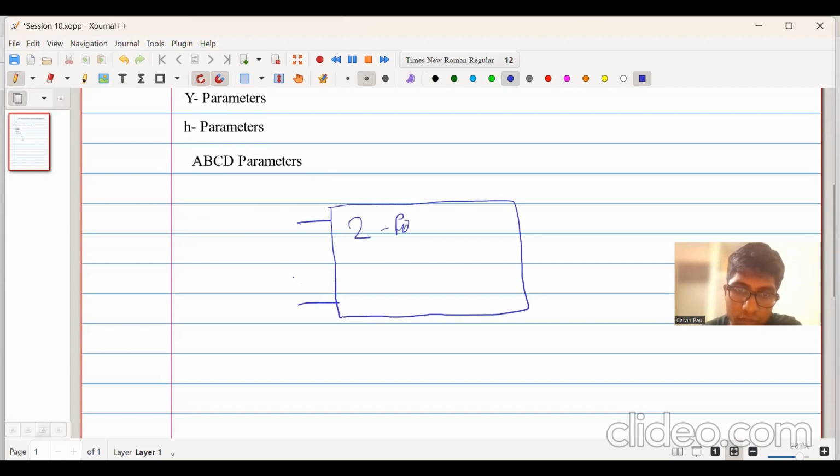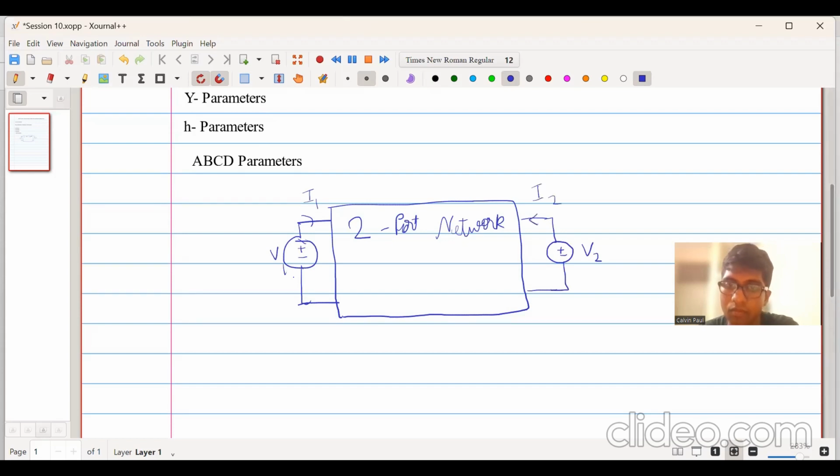We have a two-port network. So this is a two-port network where there are two ports, one set of ports on this side, another set of ports on this side.